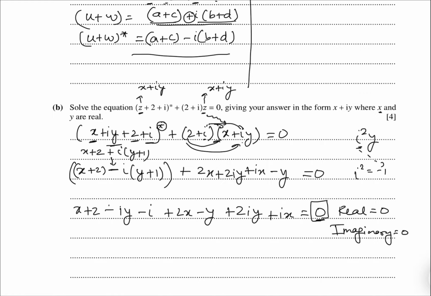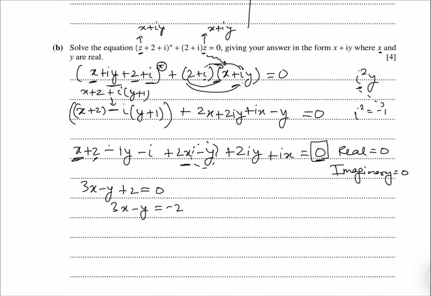If we look carefully, x plus 2x is 3x, and we have this negative y as real part and plus 2 also as real part. So 3x minus y plus 2 equals 0. That will give us 3x minus y equals negative 2.